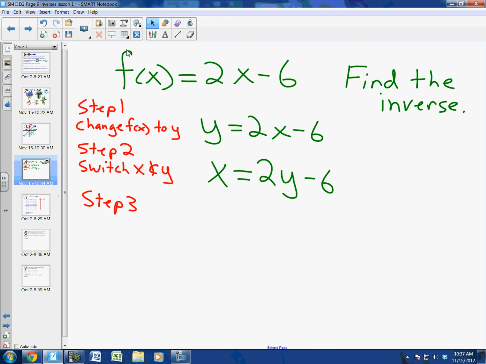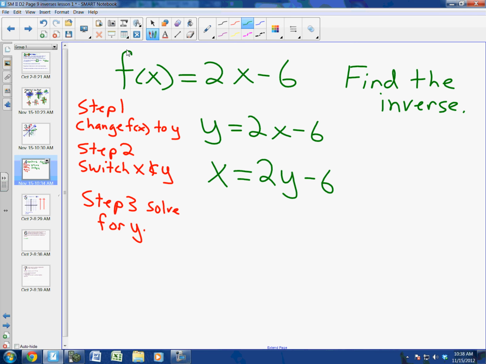Okay. What do you think we need to do next? Step 3. Solve the equation for y, because we want to graph. So we're going to solve for y. What are we going to do to solve this equation for y, you guys?